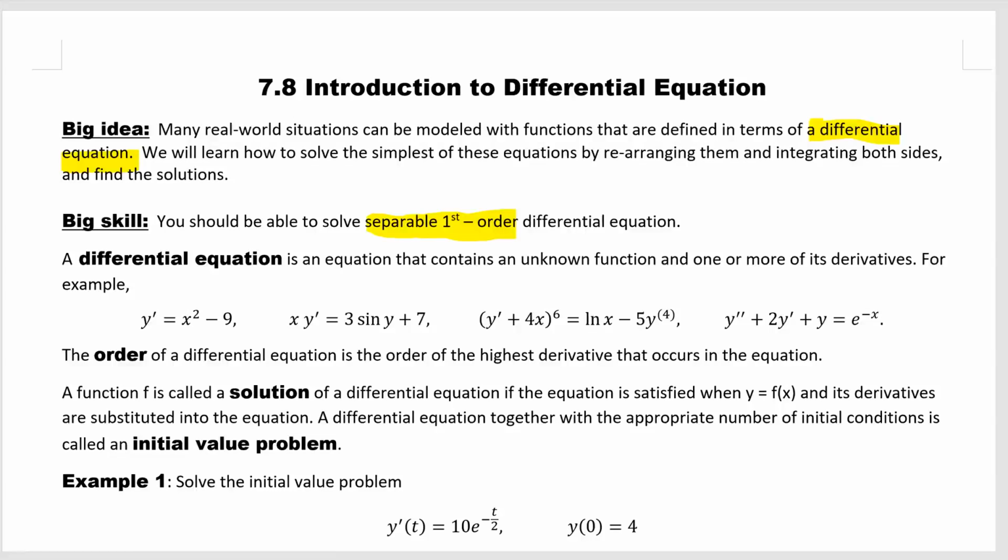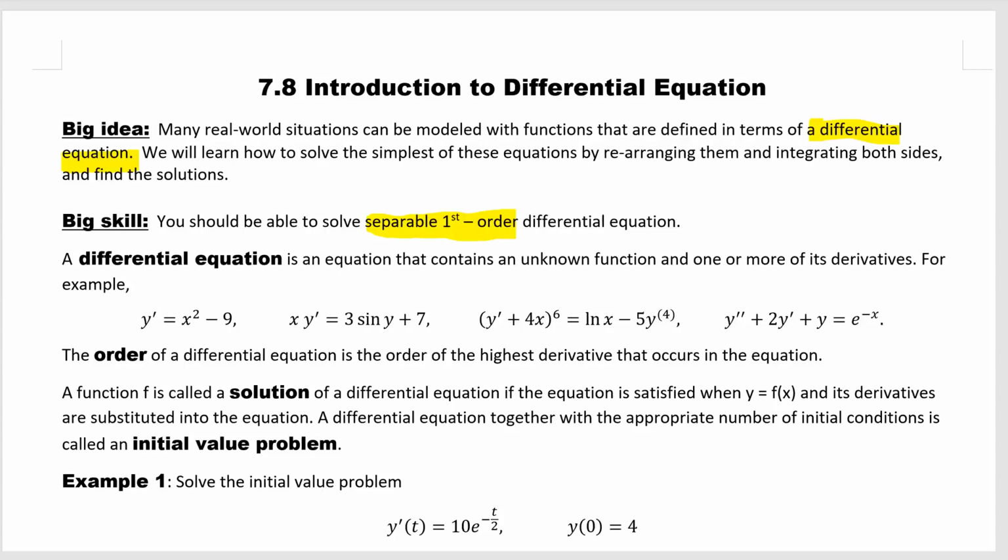So what is a differential equation? A differential equation is an equation that contains an unknown function and one or more of its derivatives. For example, here our unknown function is y. You can see this equation contains the independent variable x, the dependent variable y, and the derivative of y.